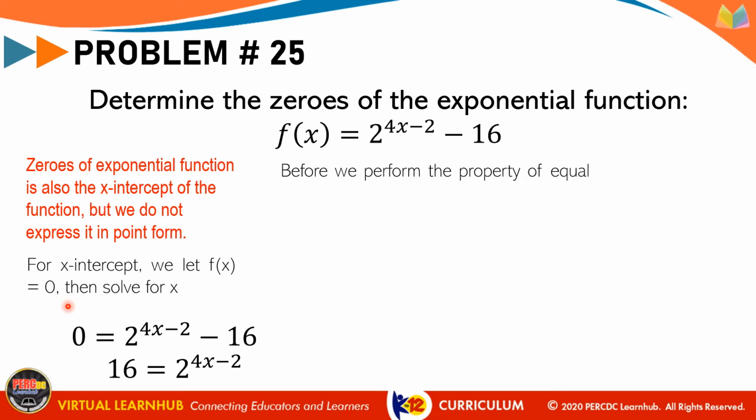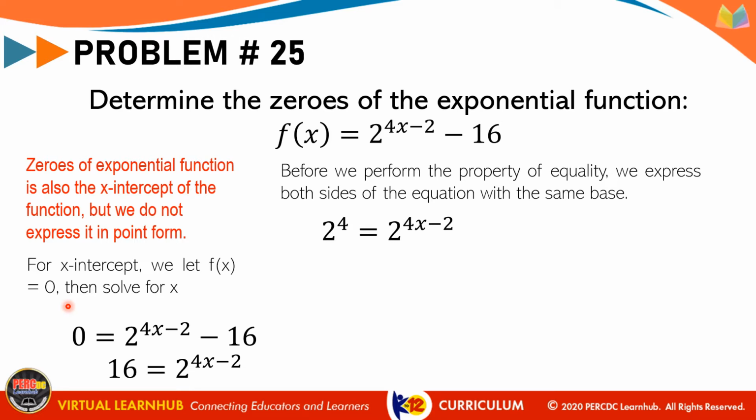Before we apply the property of equality, we must express both sides of the equation with the same base. We know that 16 is 2 raised to 4, giving us 2 raised to 4 equals 2 raised to 4x minus 2. By extension, 4x minus 2 is equal to 4.